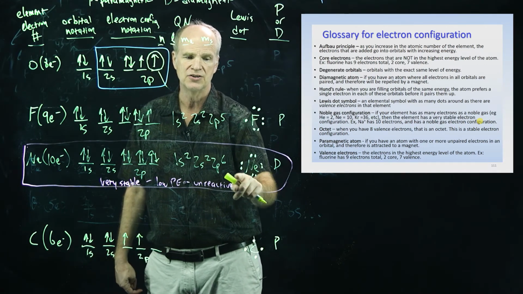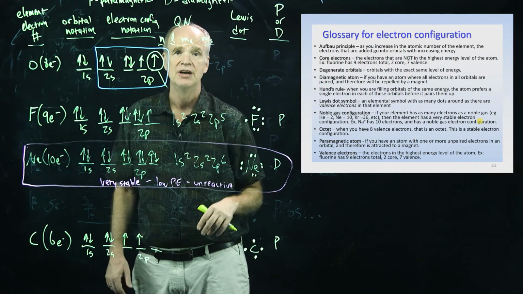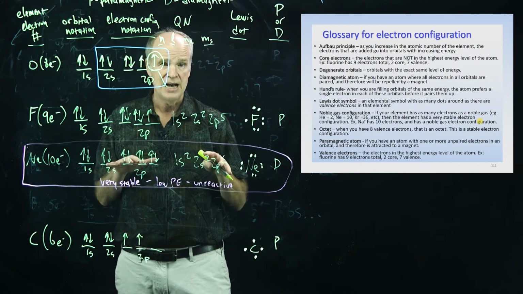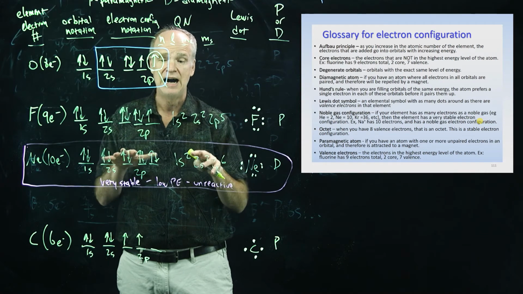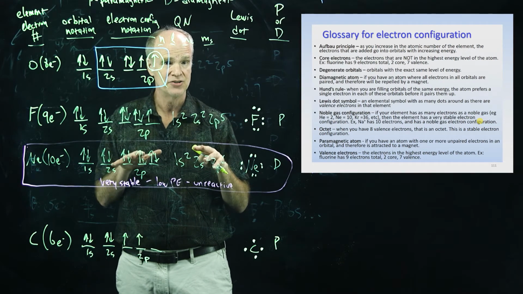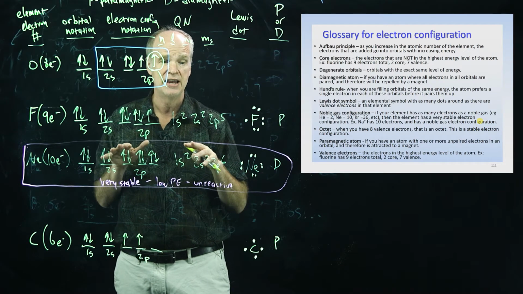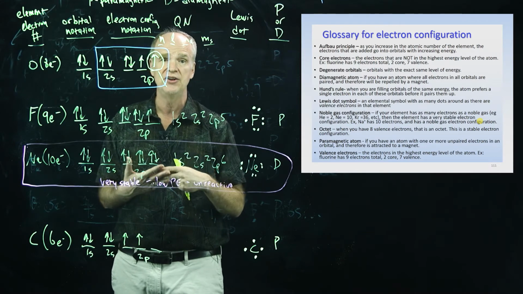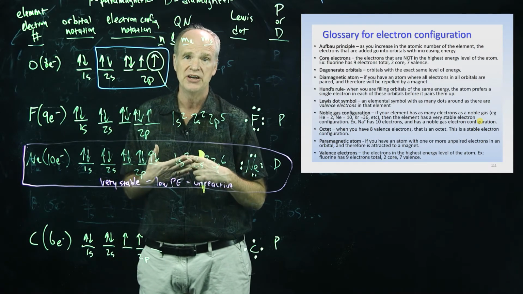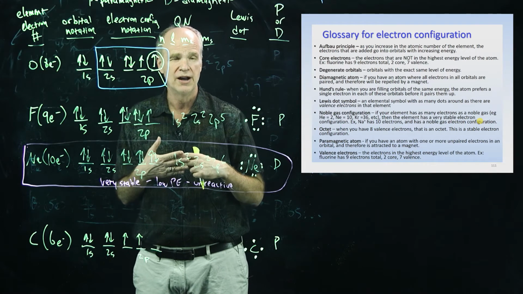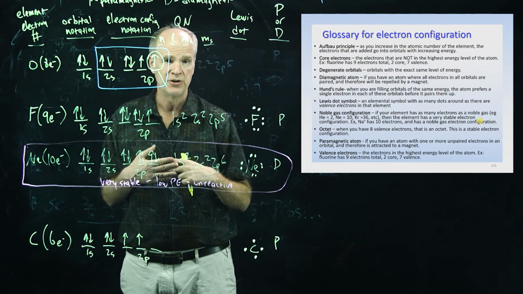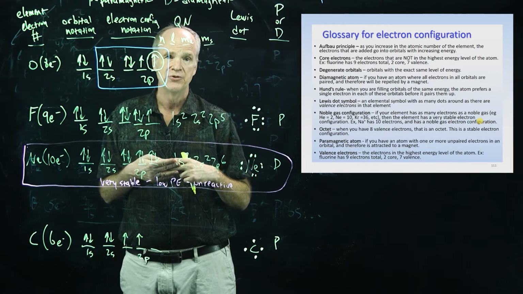There are 8 electrons around the symbol. So if you have an element with an octet of electrons, because there are 8 electrons in its highest energy level, then that makes it very stable. And again, if it's very stable, it's going to have relatively low potential energy, and it won't want to react with other atoms of different elements, nor atoms of itself.